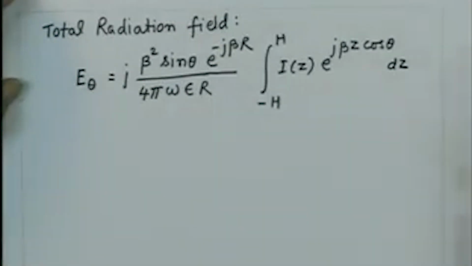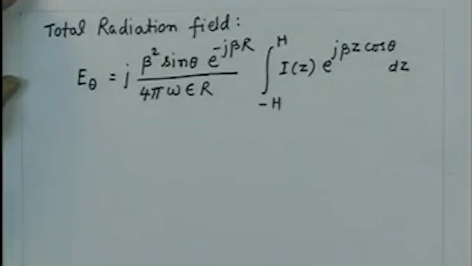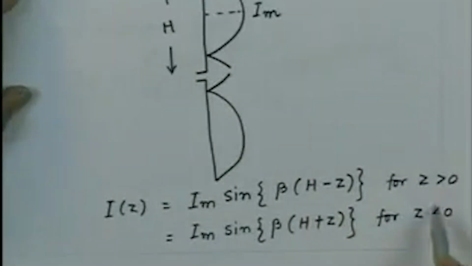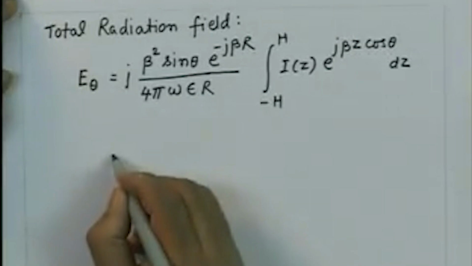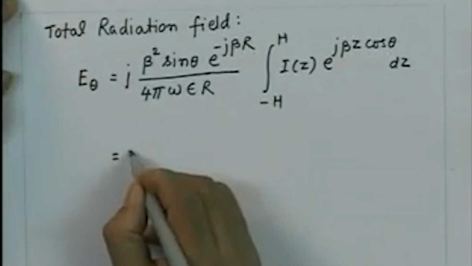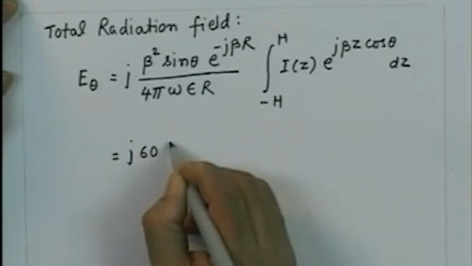We can substitute now for the current of the two halves, as we have got here, for z less than 0 and z greater than 0 separately, and can find out the total integral. If we do that, then this quantity can be written as j 60 Im.